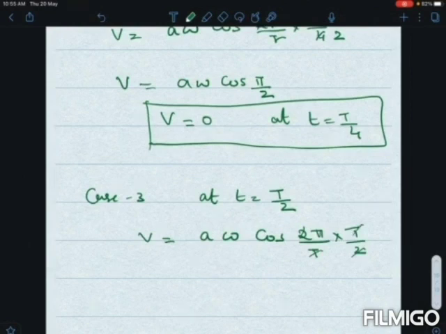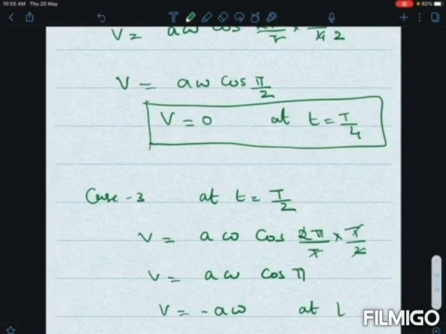So it is cos pi. V is equal to a omega cos pi, and cos pi is nothing but minus 1, sorry. It is V is equal to minus a omega at t is equal to T by 2.